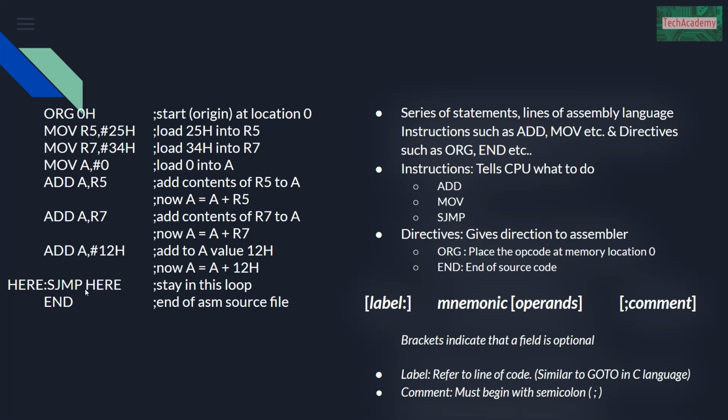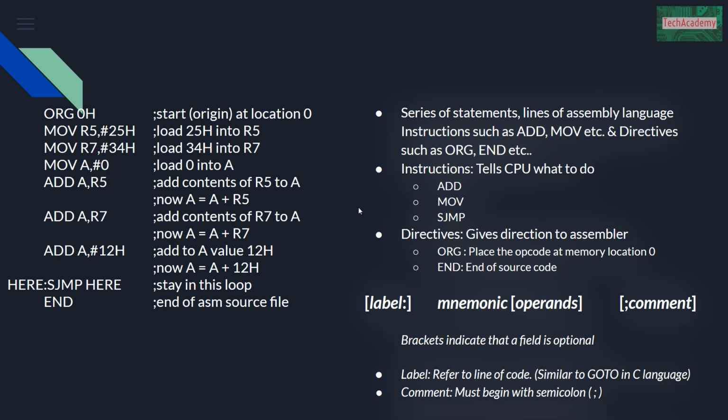This is similar to our while one loop, an infinite loop we can say. When it is executing, it keeps staying in this loop only. It is not going to execute further. Sjump here means it is jumping here only, and again jumping here only. This is an infinite loop. So this sjump is again an instruction.